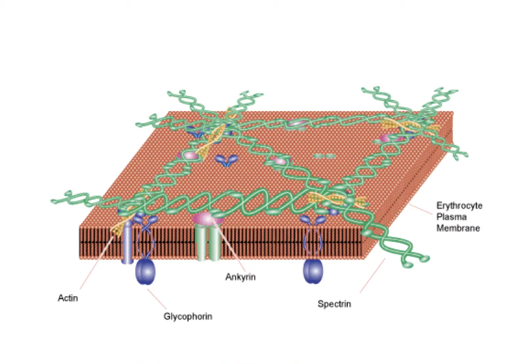Here's a schematic of how some of those proteins interact to form part of the cytoskeleton. So there's glycophorin, which forms part of the anchor, and ankyrin, which also forms part of the anchor.